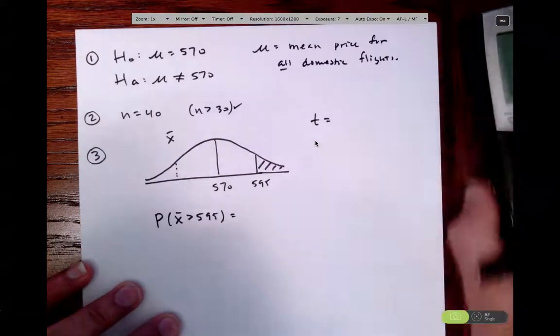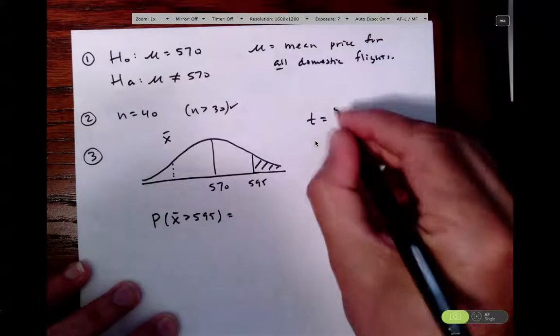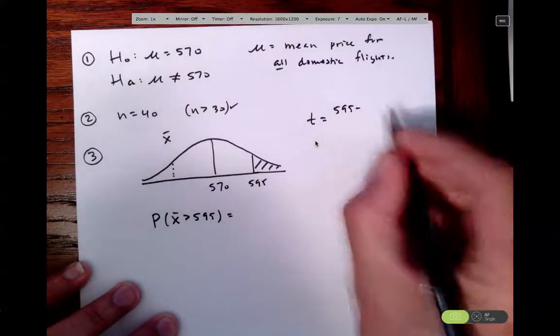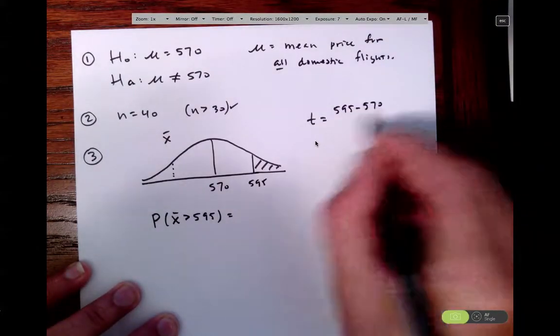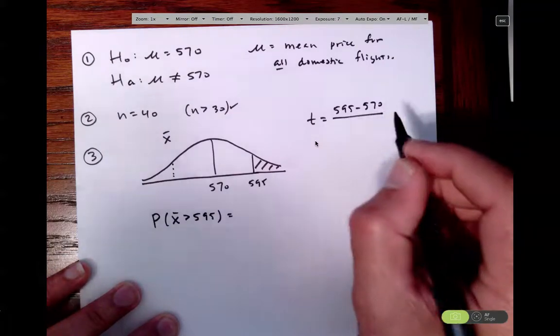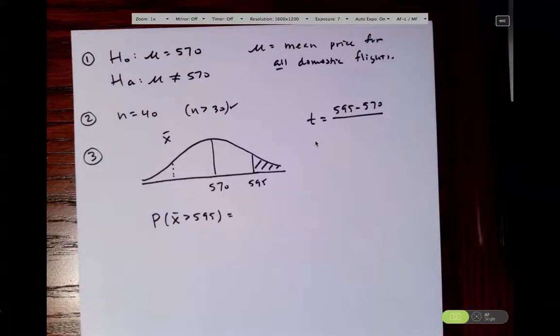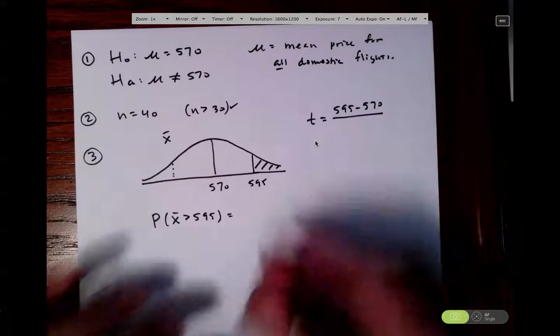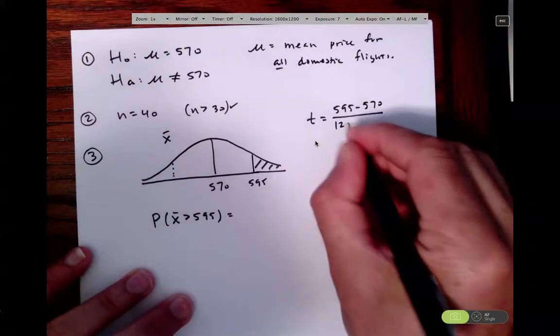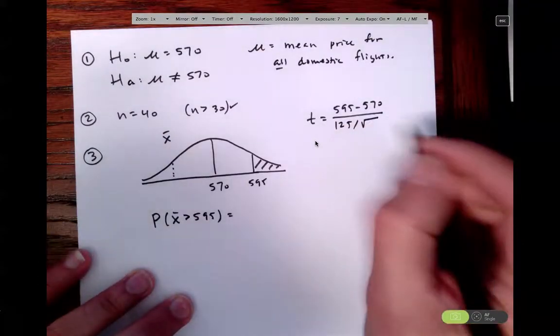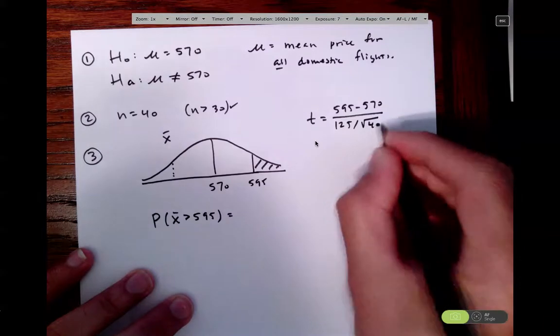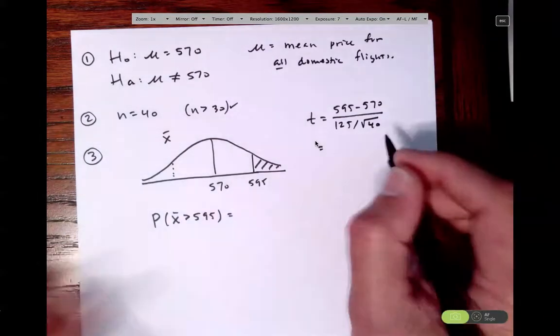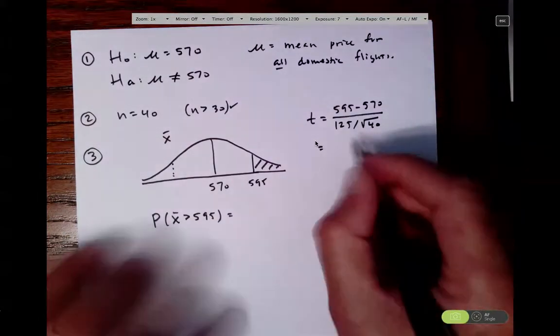So we're going to get a t-statistic for this 595. So 595 minus 570 divided by the standard deviation. Standard deviation in this problem was given as 125, and the sample size on this one was 40. So we're going to get a t-statistic on this one that's equal to 1.26.